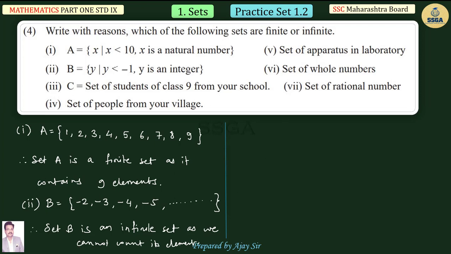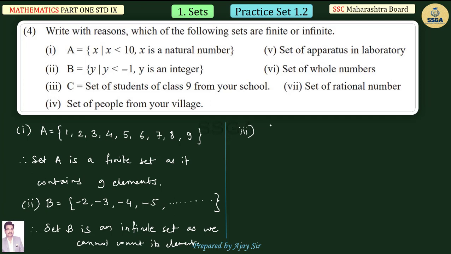Similarly, let us discuss now the third one, that is C, the set of students of class 9 from your school. This set C is a countable set of students.